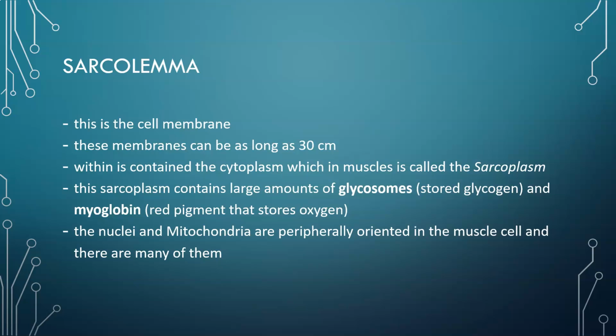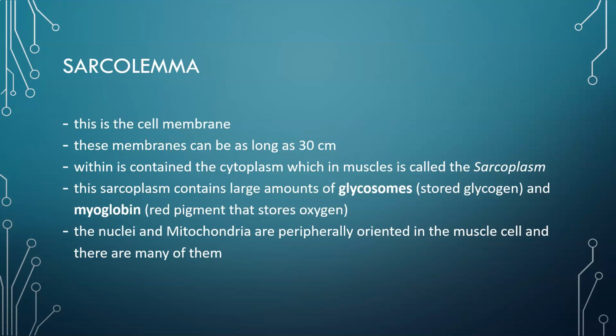So if you think of a myofiber as being a cell, it has to have a lot of the normal things we see within a cell, of course, one being the cell membrane. And when we look at muscle cells, the membrane of a muscle cell is called the sarcolemma. And again, when we look at the length of a quadricep, that muscle cell membrane can be as long as 30 centimeters.